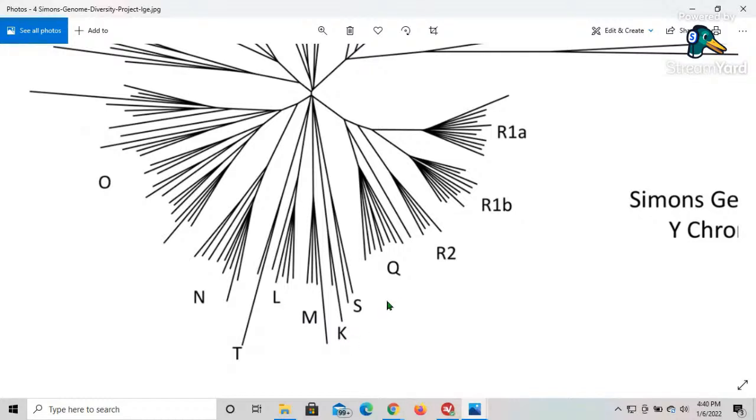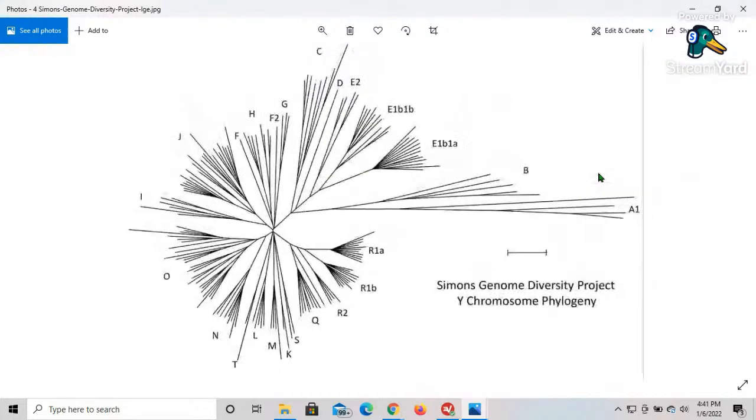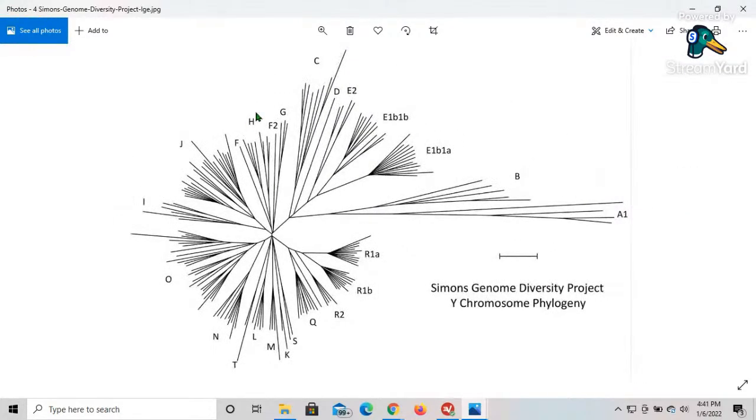We have the K of Tubal, the Q of Madai, the Medes, and the R of Gomer. That's 7 sons. It'd be 1, 2, 3, 4, 5, 6, 7. 7 sons of Japheth. And 5 sons of Shem, 4 sons of Ham. Of course, the 4 sons of Ham you can't really see on here.